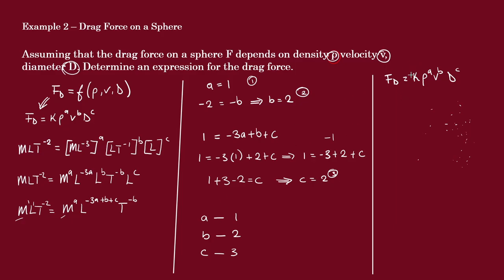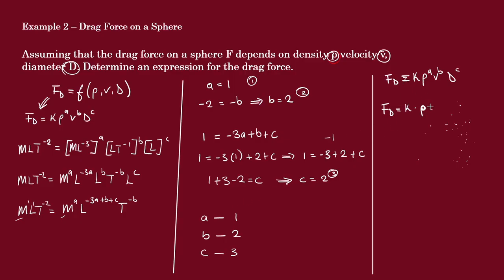Remember, for your product term expression, your constant always has to be there. Rayleigh's method can't tell you the value of a constant. It helps with proportionality. So when you're doing your equals to, you always have to introduce your constants. So that means my drag force, F of D, is going to equal K times density.